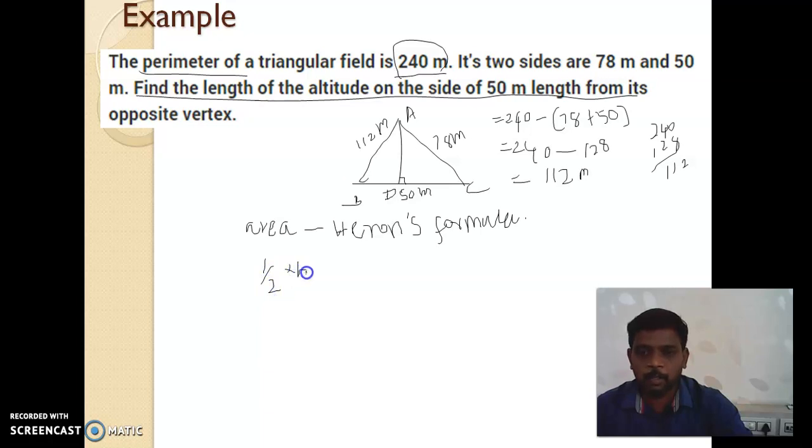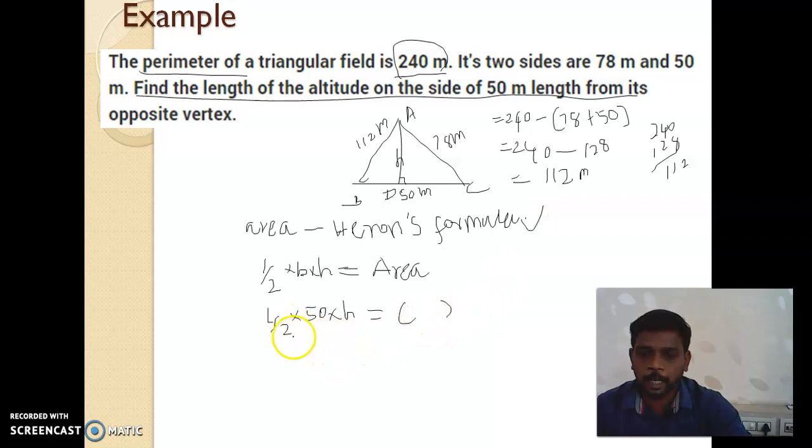That is half into B into H, because we are going to find out the height only. Let us take this one as height, H, equal to, so after you find out the area, you can write this area here. So area, okay, write your area here, and then half into base, which we already know, that is 50 meter given here. So this one 50 meter, and H unknown value, and write your area here. Okay, whatever area you found, just write it here.